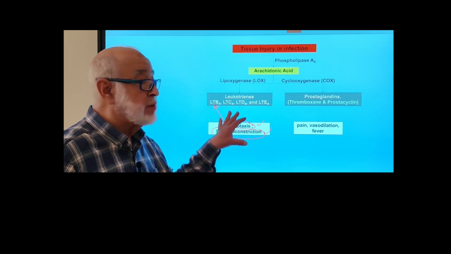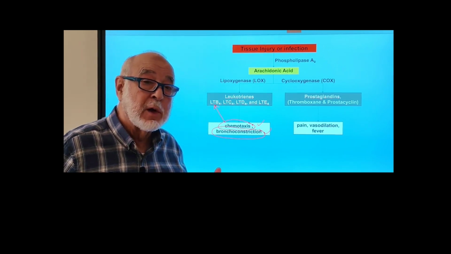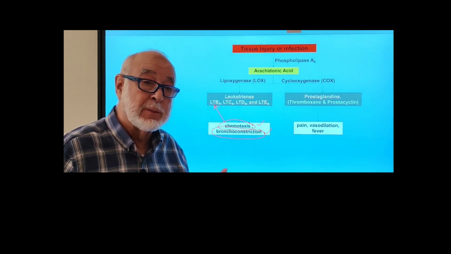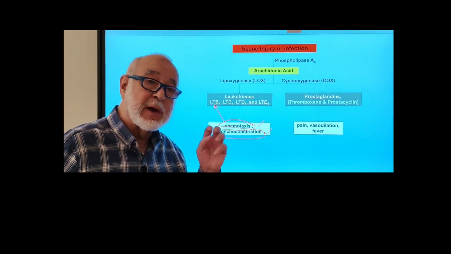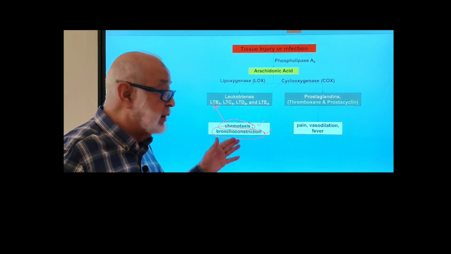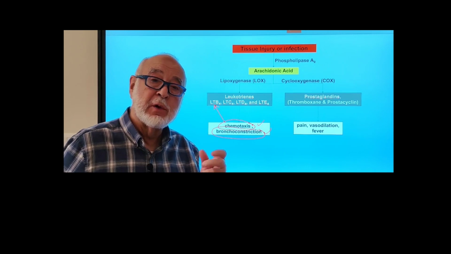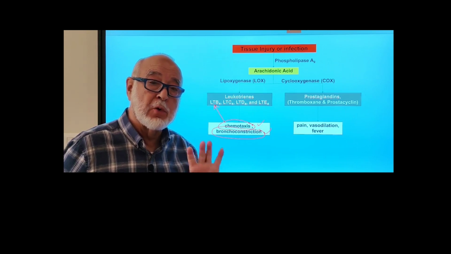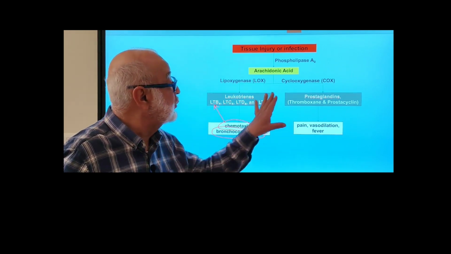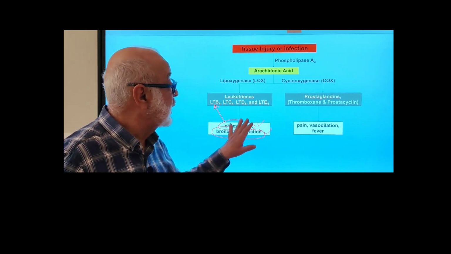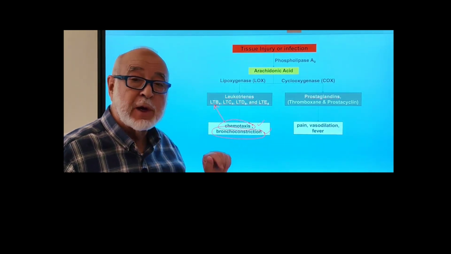If the leukotrienes are inflammatory mediators, what they do? They do two different functions. The first is attracting the immune cells to the site of inflammation, and the second, they cause contraction of the smooth muscles of the bronchioles, causing bronchoconstriction. Okay, but these are two inflammatory mediators which are the product of arachidonic acid.